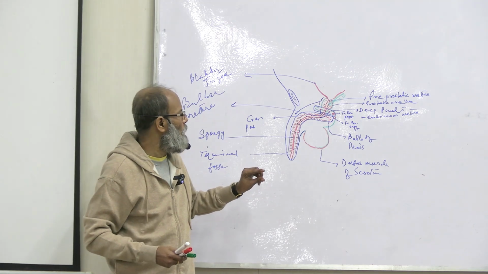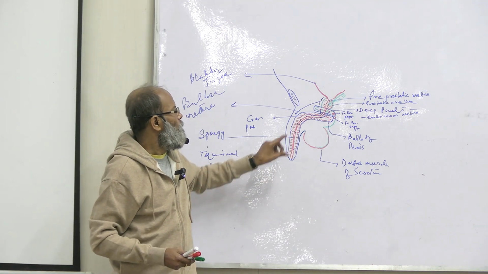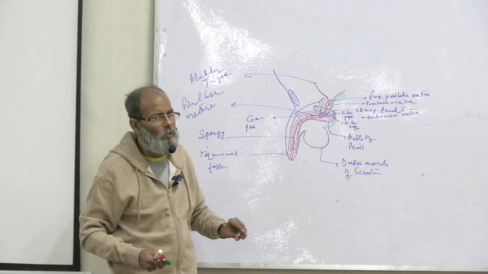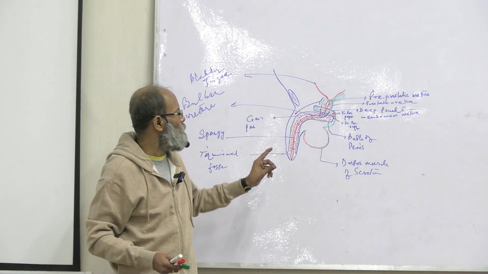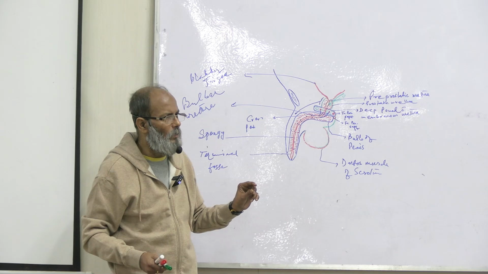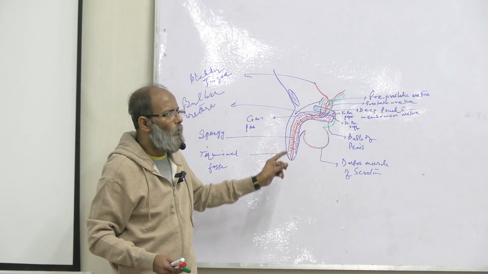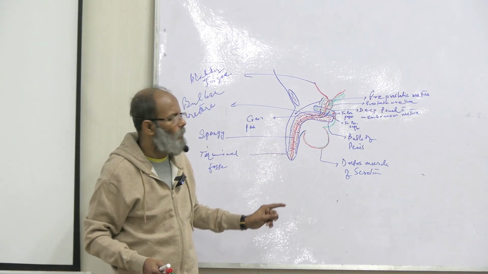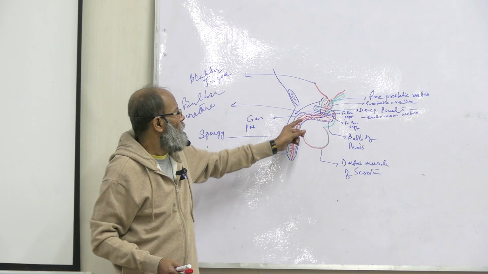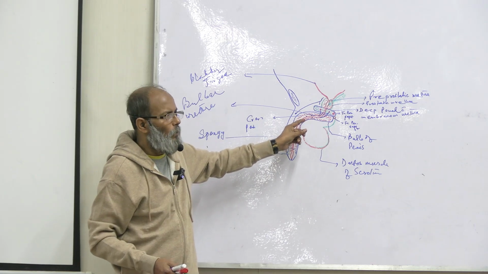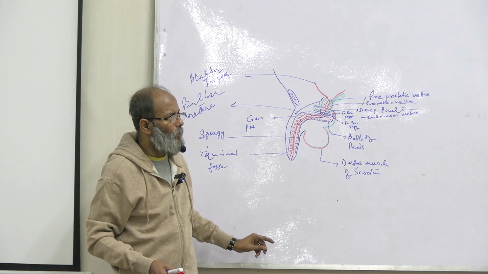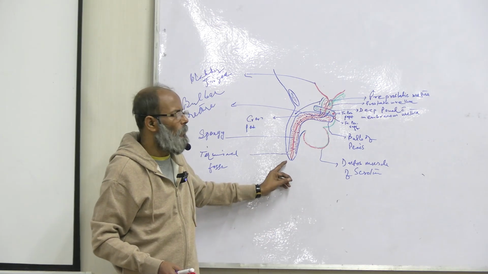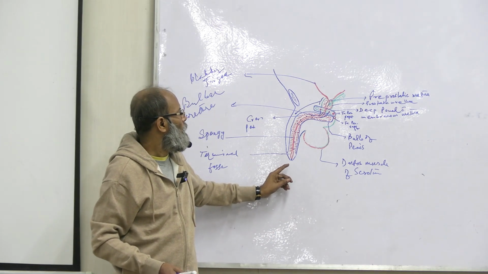From the colliculus seminalis up to the membranous part of the urethra is the prostatic part of urethra. From the membranous part, which is least dilatable, comes the spongy part of the urethra. There is a dilated portion, that is the bulbar urethra, and below that is the penile part of urethra, up to the terminal fossa.